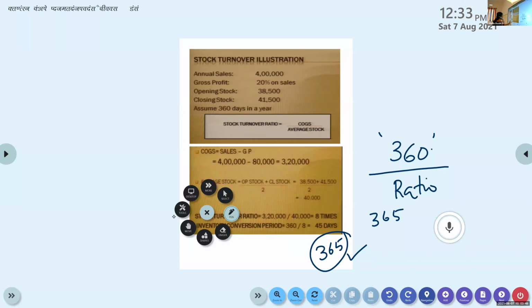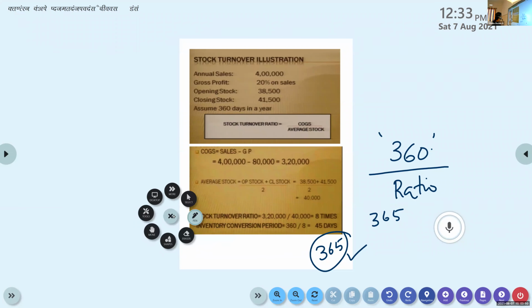Okay, so let's find out COGS, the cost of goods sold. Here the information is based on sales and gross profit. We are going for the credit side details of the trading account. So how much is gross profit?